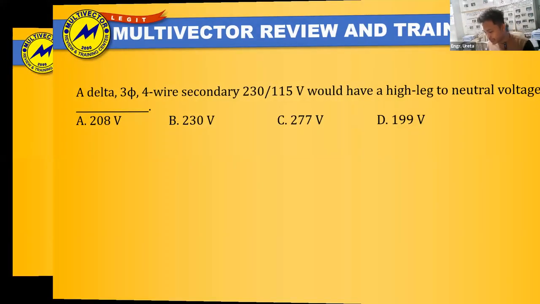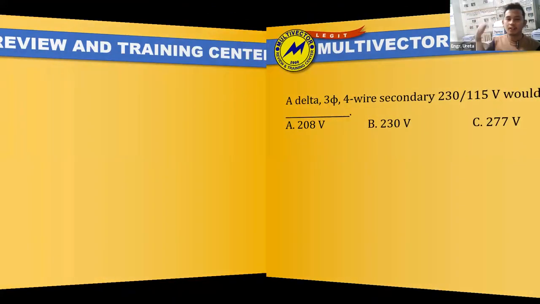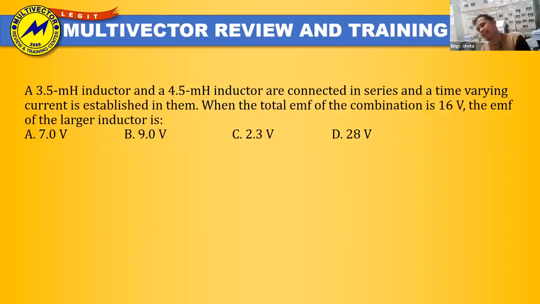Next question is 77. A 3.5 millihenry inductor and a 4.5 millihenry inductor are connected in series, and a time varying current is established in them. What is the total EMF of the combination? When the total EMF is 16 volts, the EMF of the larger inductor is blank.